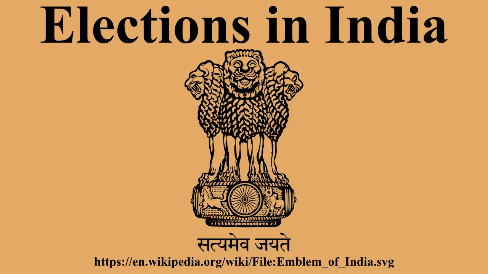JNP, Janata Party. JP, Janata Party. PSP, Praja Socialist Party. RLD, Rashtriya Lok Dal. SOC, Socialist Party. SP, Samajwadi Party. SW, Swatantra Party. TDP, Telugu Desam Party. TRS, Telangana Rashtra Samithi. YSRCP, YSR Congress Party.